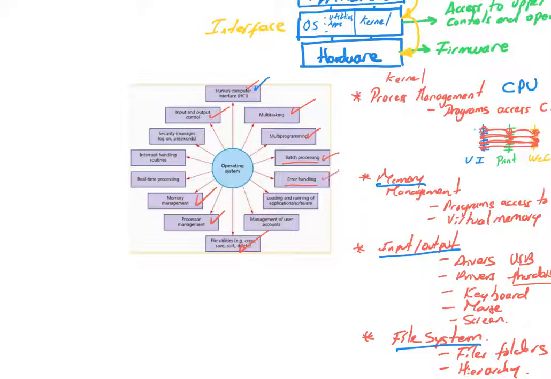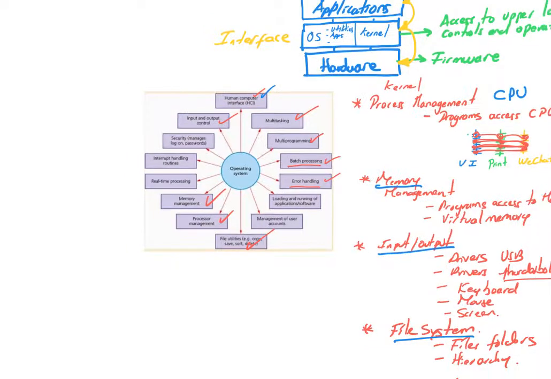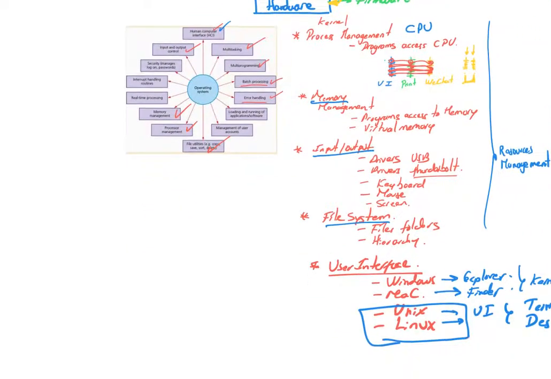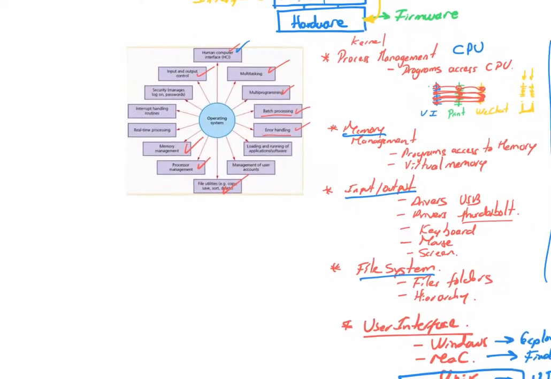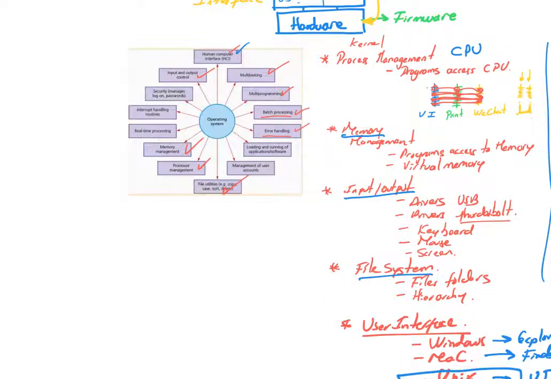Error handling is completely part of the kernel. When we have errors in the programs that we're running, the operating system should be able to handle those errors and know what to do. For example, if there's a problem with the mouse, the screen or the printer, this part of the kernel is going to solve those problems.